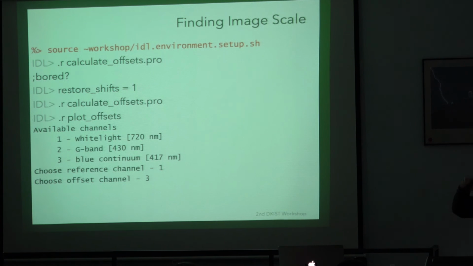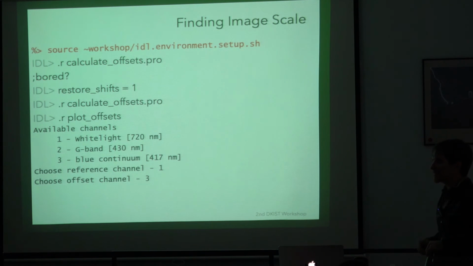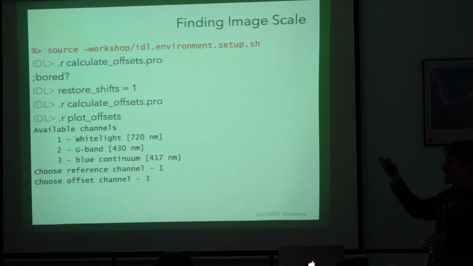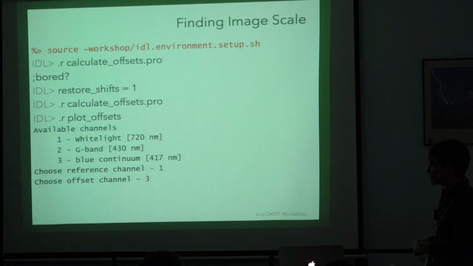And so then that gives it the elevation. That's what allows it to calculate the dispersion for this specific case at the specific time and specific solar elevation. And then it should throw a plot up that shows the calculated shifts and then overplots the calculated dispersion.